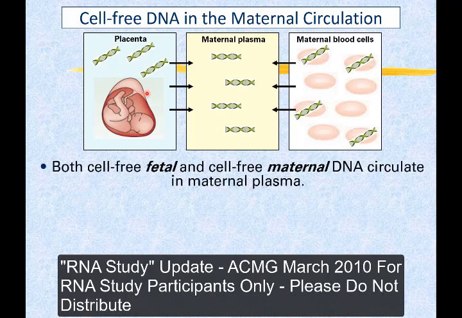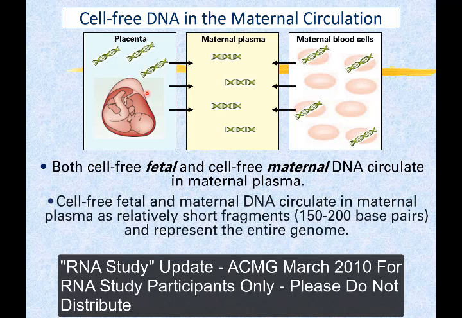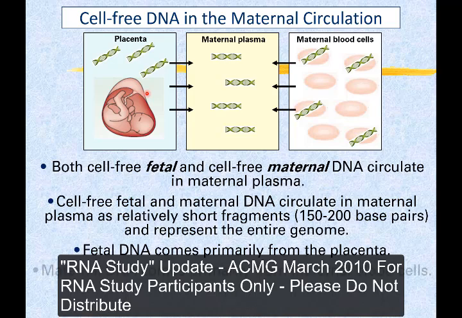Both cell-free fetal and cell-free maternal DNA circulate in maternal plasma as relatively short fragments, 150 to 200 base pairs, and represent the entire genome. Fetal DNA comes primarily from the placenta, and maternal DNA comes primarily from maternal blood cells.